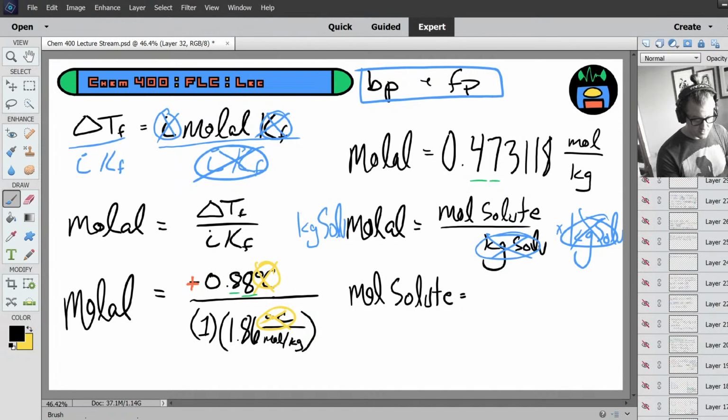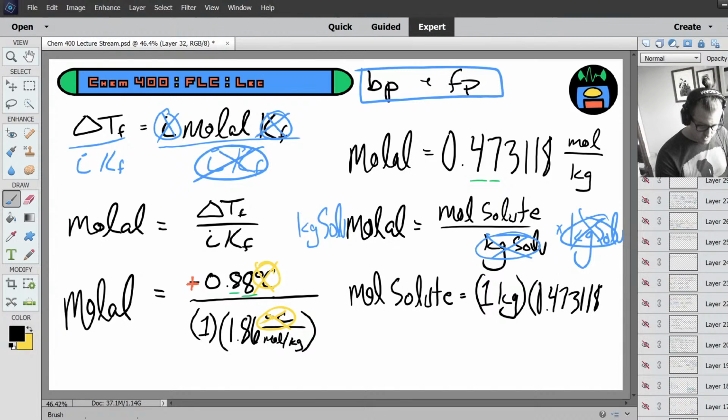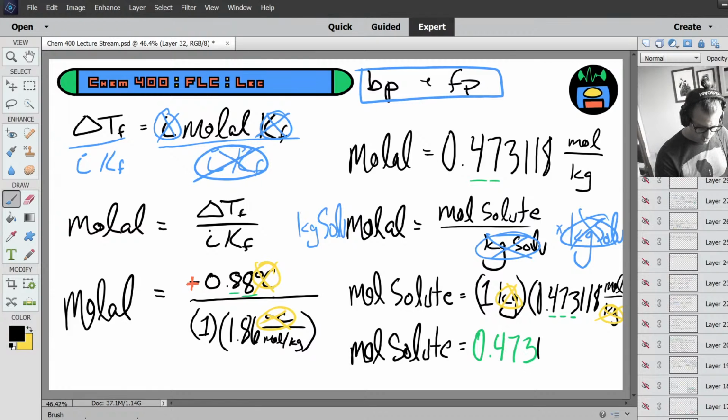So that equals kilograms of solvent, which there's 1, times the molality that I just calculated, 0.473118, and that's moles per kilogram. Kilograms cancel. So I have 0.473118 moles of solute.